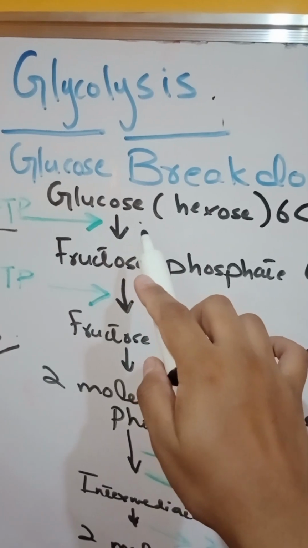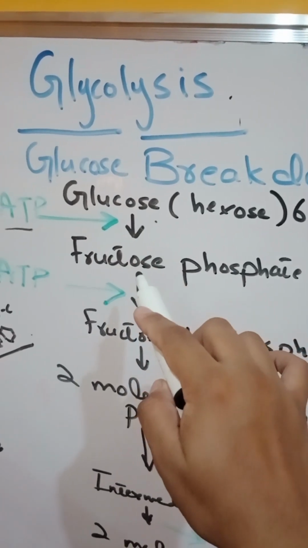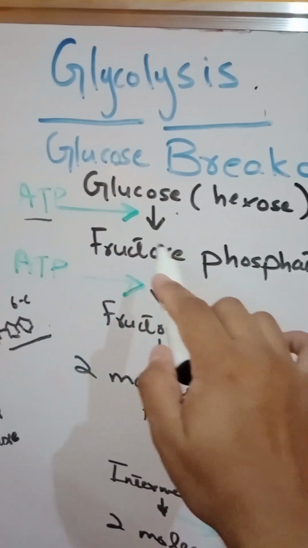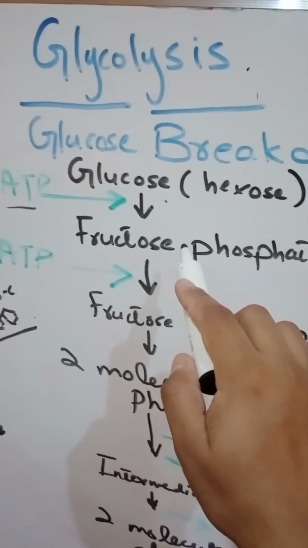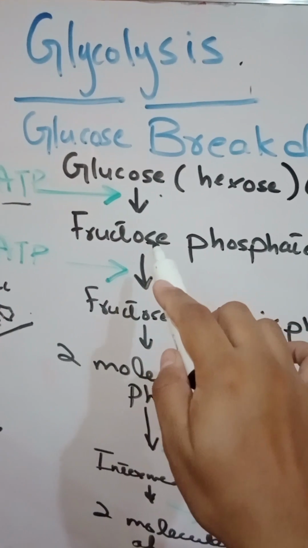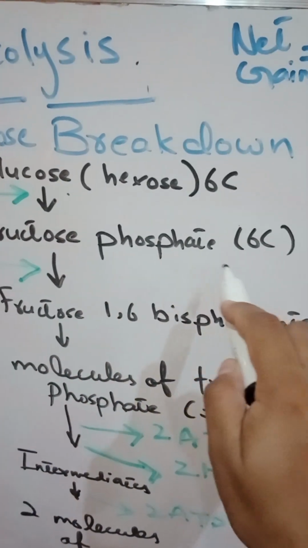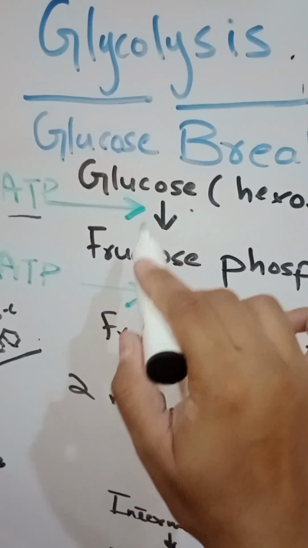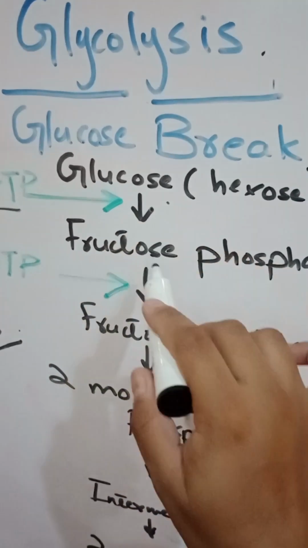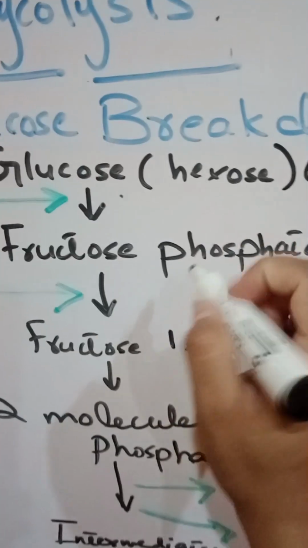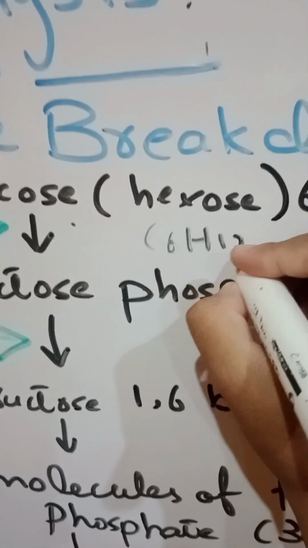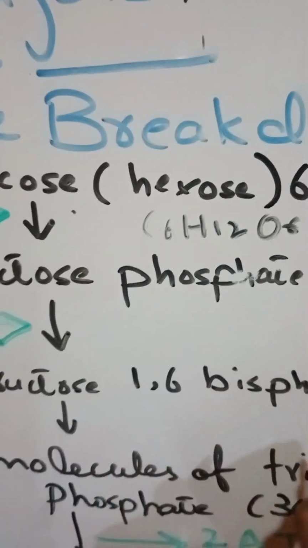Glucose is converted into its isomer fructose, and a phosphate is added by ATP. So glucose will be converted into fructose phosphate, which is also 6 carbon. Fructose has 6 carbons as well, just like glucose. They both have a common formula of C6H12O6.